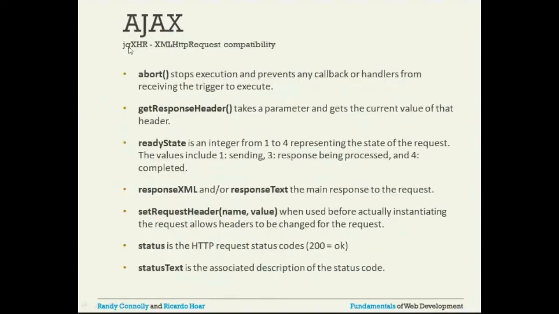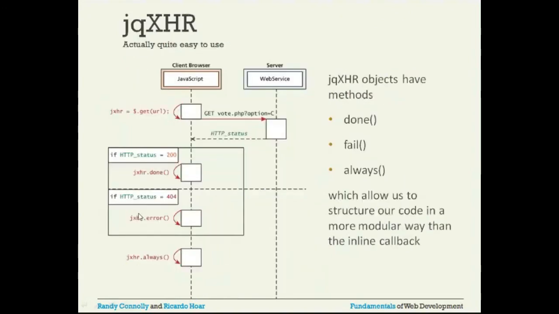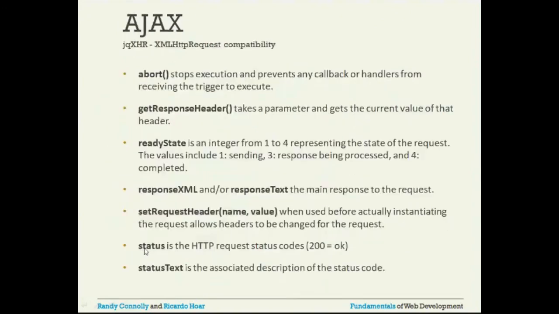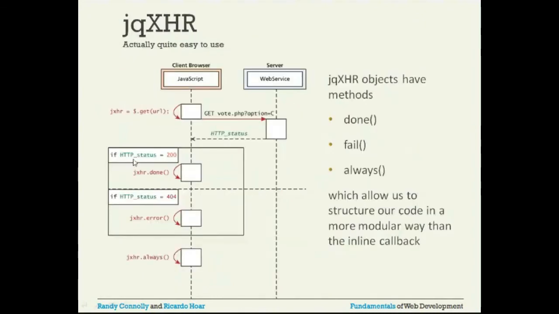This jqXHR object has an attribute status which will capture the HTTP status. On this side, you can check the HTTP status, and if it is 200, which means everything is all right, then you can call jqxhr.done. Whatever you want to do if it is successful, you can do using this method.